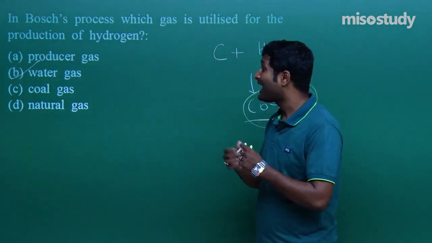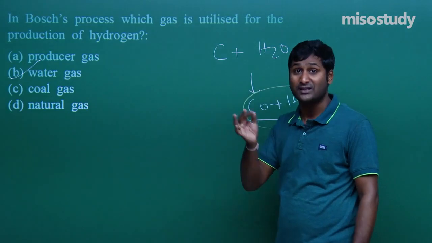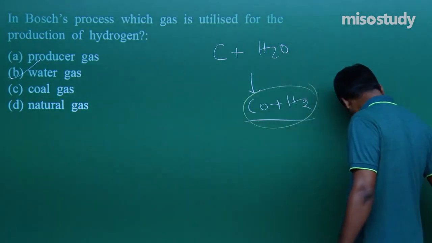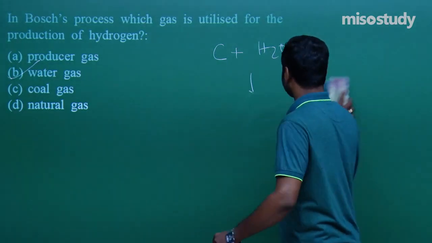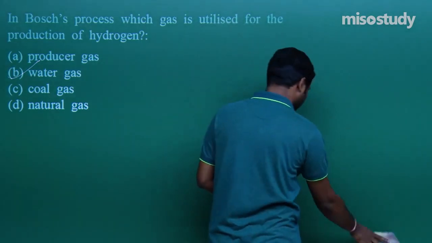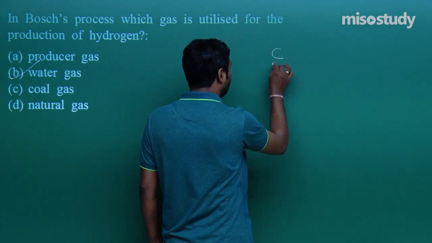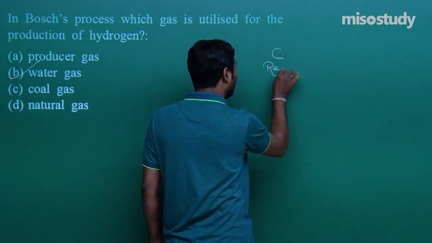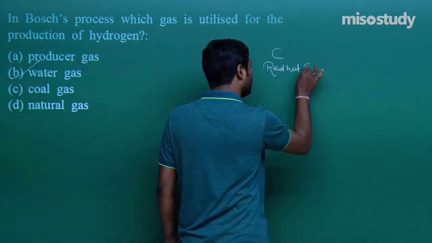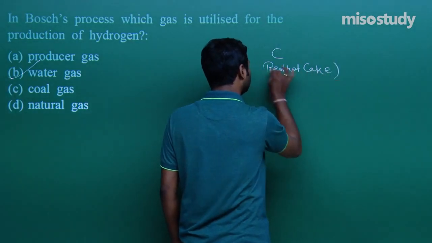It's very simple. Now, how to represent the equation? That's the matter. Wait for a moment. What I'm telling, listen carefully. First of all, red hot coke. This is red hot coke.